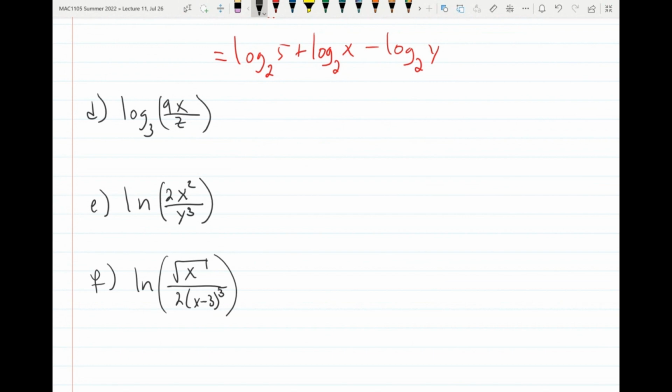So remember, our job is to expand this as much as we can. So what can we do in D?